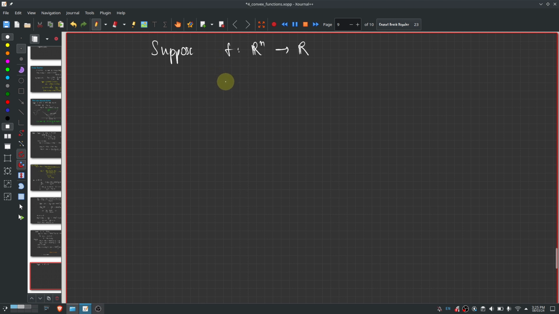Let us define g of t, for any x1, x2 and t, to be equal to f of x1 plus t times x2 minus x1. Alright, so this is just the straight line passing through x2 and x1, right, as you vary t.